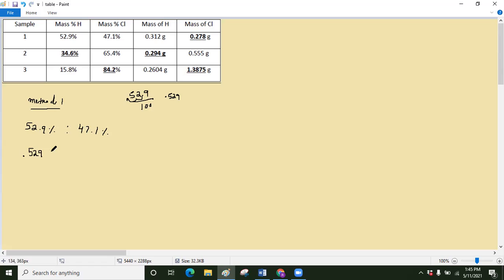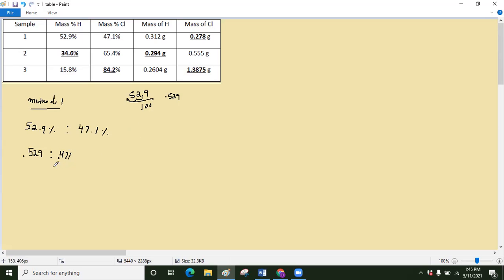And of course, if we apply the same logic here, we move the decimal 2 places over, and we'd have 0.471 from 47.1. And of course, this wouldn't be a percentage, since we already took into effect that this is out of 100. So for every 0.529 of hydrogen, we will have a mass of chlorine of 0.471.